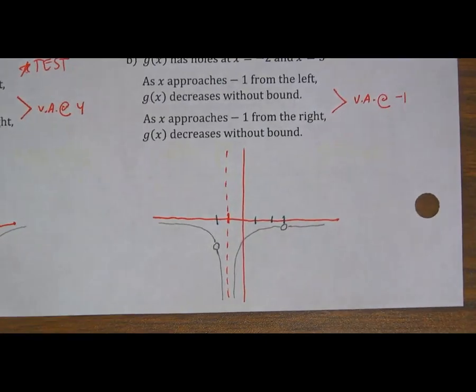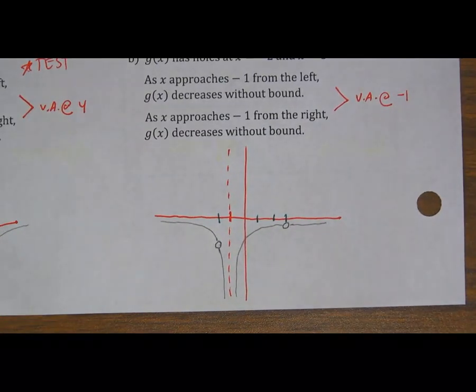And you're learning you can have more than one hole. You just can't ever have a hole on a vertical asymptote. Any questions about those?